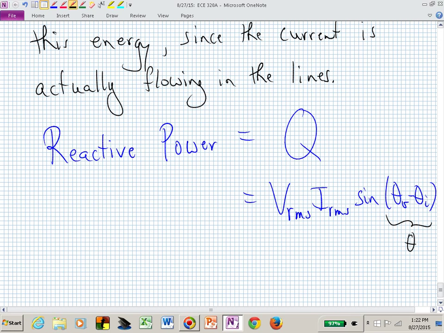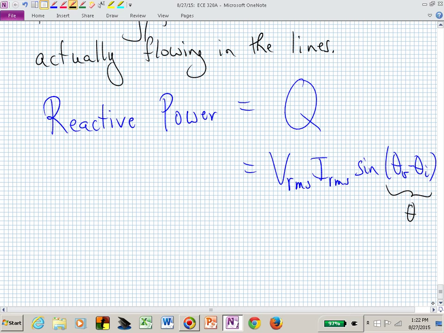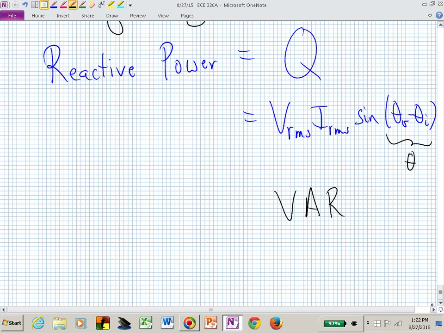A lot of times we just say, what's the angle in that particular system? We give this another unit to keep track of, and that's VARs, for volt amperes reactive.